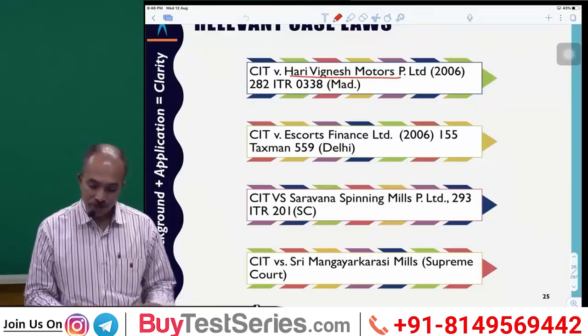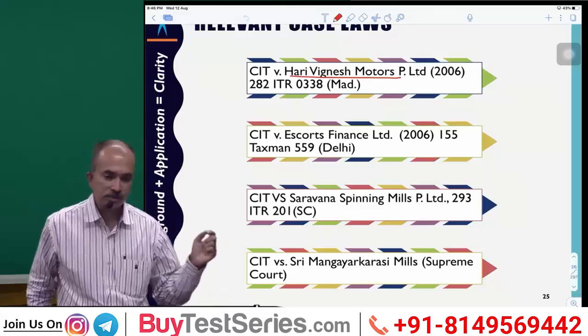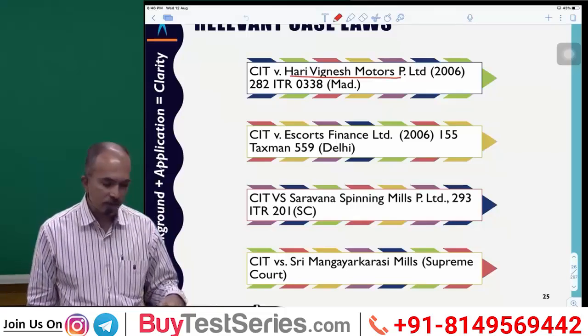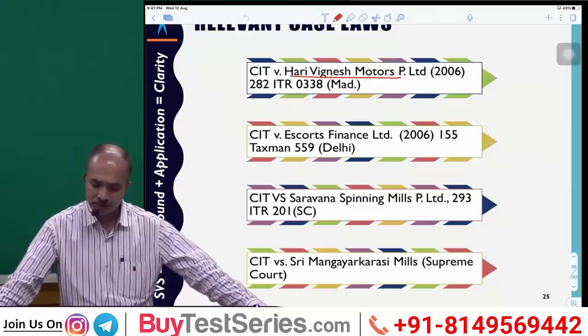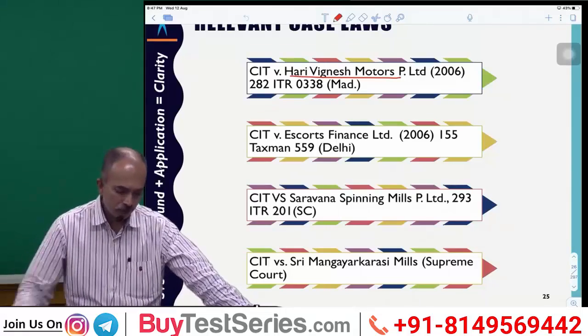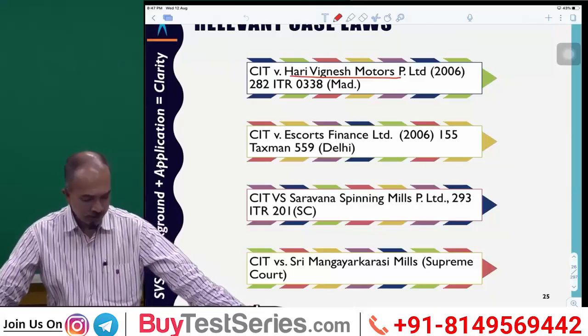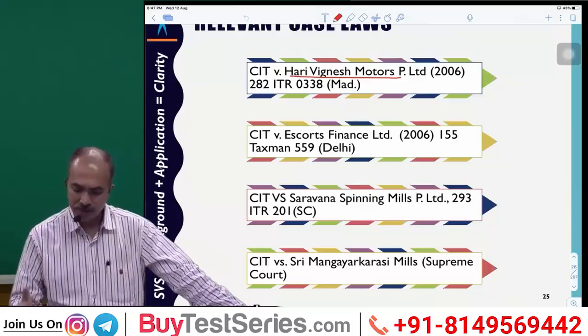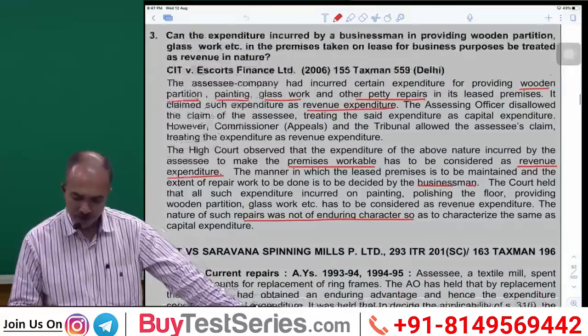Then we had another very interesting point on this repairs versus capital expenditure, current and capital. And that was a Supreme Court judgment in the case of Sarvanna Spinning Mills. Now, what happened in this Sarvanna Spinning Mills was the assessee, as the name suggests, was having a factory, a spinning mill.